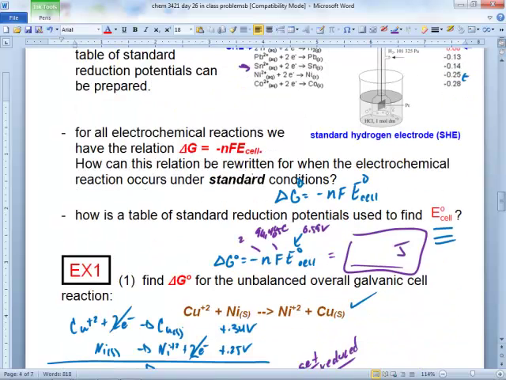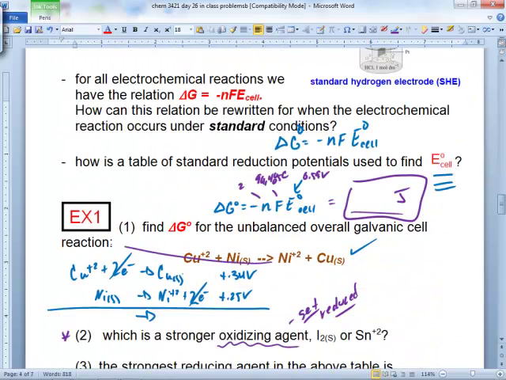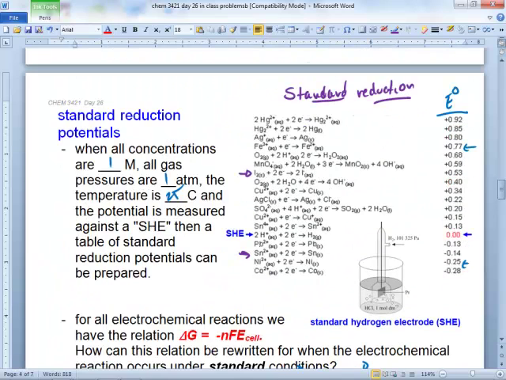Which one of these half reactions really wants to go as written? Imagine doing this game. You write the reaction, you add up the potentials, right? You want a really big positive E0 cell for it to be spontaneous. So the more positive, the more likely it's going to happen.